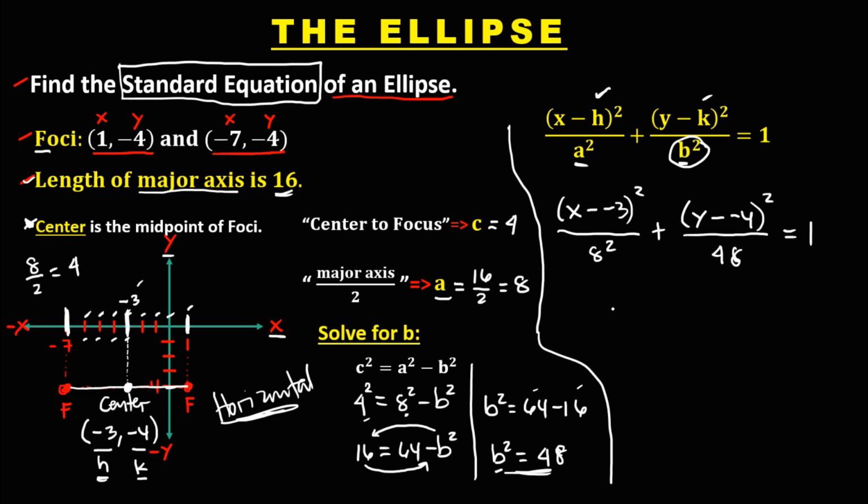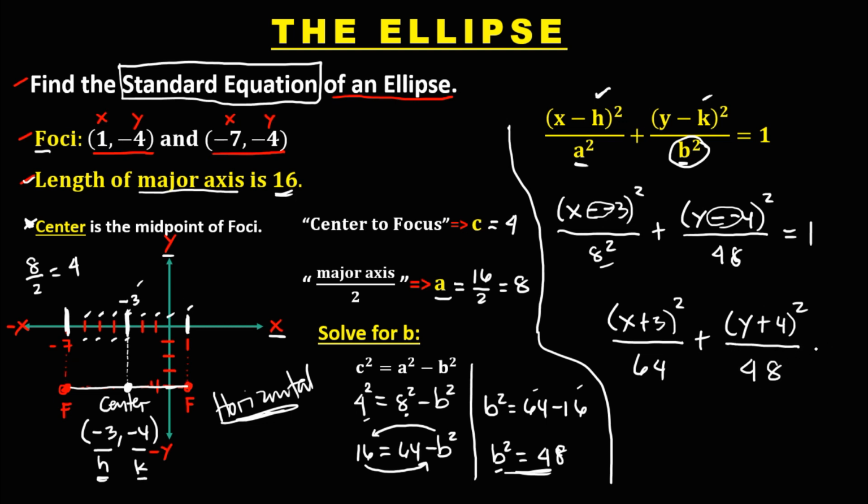Then to simplify, we have x, and the double negative is positive, so x plus 3 quantity squared over 8 squared, that's 64, plus y, and the double negative is positive, so y plus 4 quantity squared over 48, equals 1. So this is now the standard equation for this ellipse.